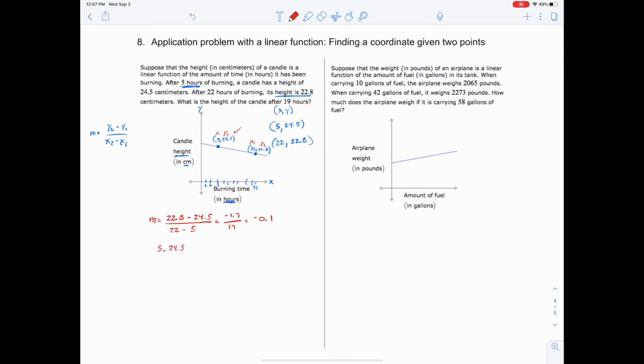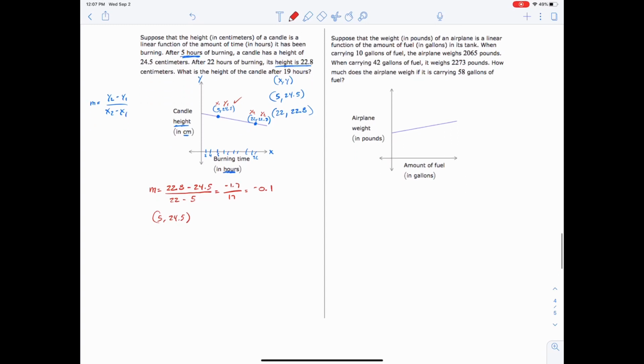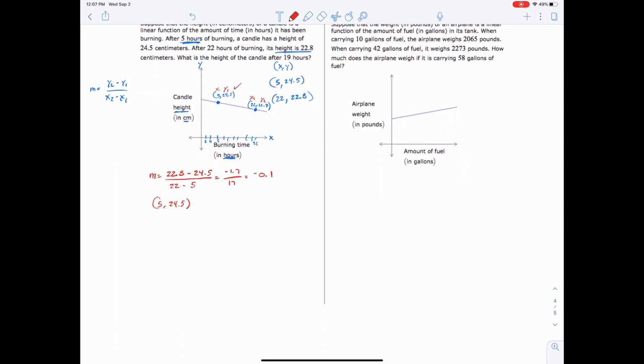You can choose either one. You'll come to the same answer as I do. My y is 24.5 equals my slope negative 0.1. My x is 5, right? My 5 is right there, plus b. We don't know what that is right now.